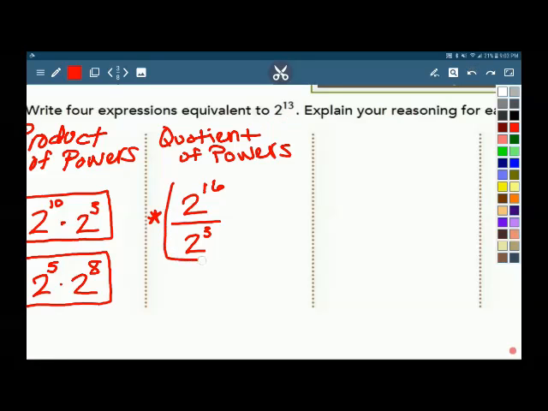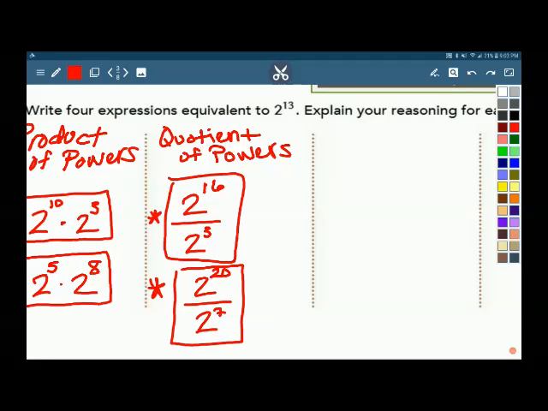So that is another equivalent expression. And I can keep going, just making those division problems where the exponents subtract to equal 13, like 2 to the 20th over 2 to the 7th, because 20 minus 7 would be 13. Okay, so that's another equivalent expression that would get me 2 to the 13th power.